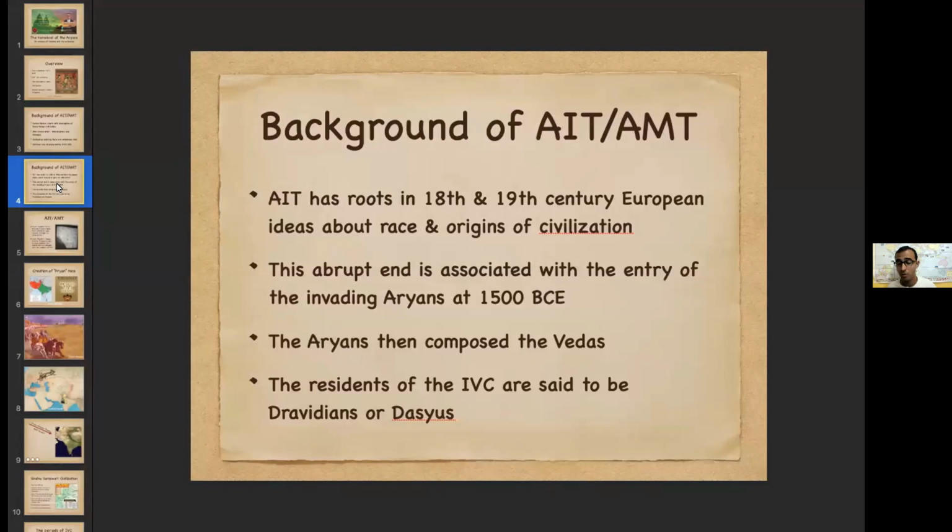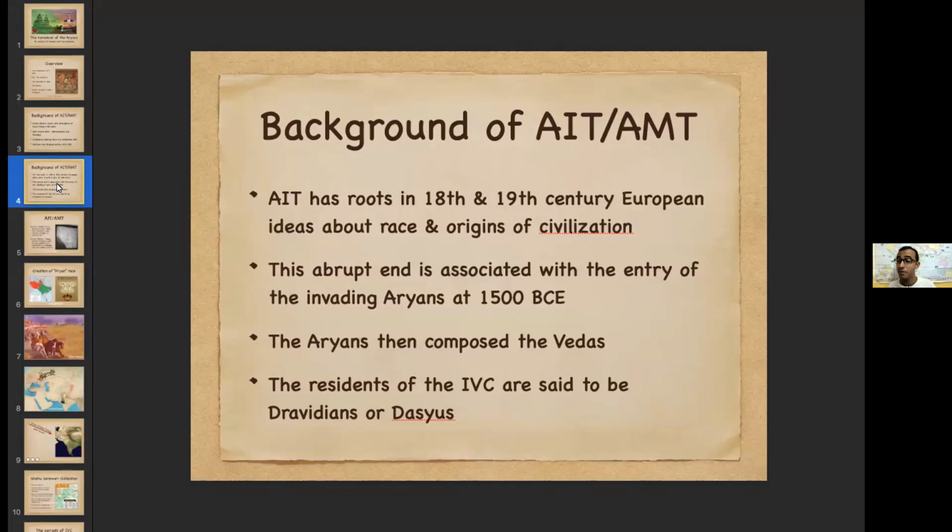And they say that 1500 BCE is the year when the Indus Valley civilization was completely wiped out, in the sense that all the people who were residing there vacated the Indus Valley civilization, and they went to different parts of the world. But they found that the Aryan invasion theory did not have much ground, because they could not find much evidence for invasion per se.